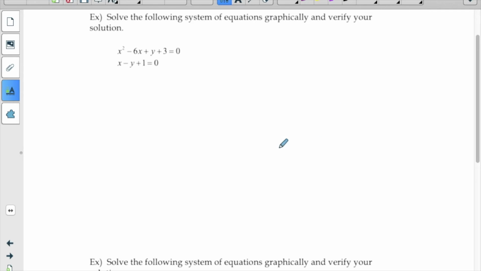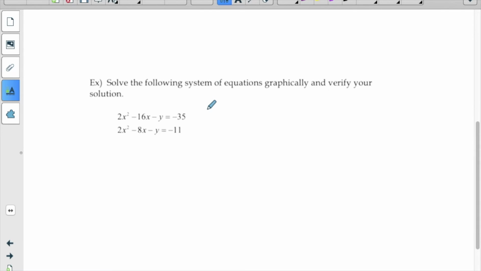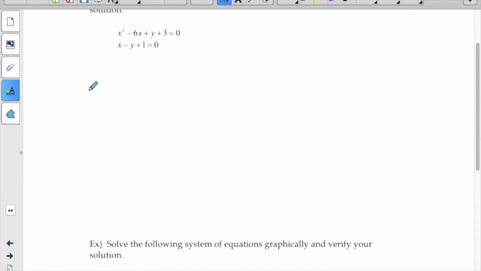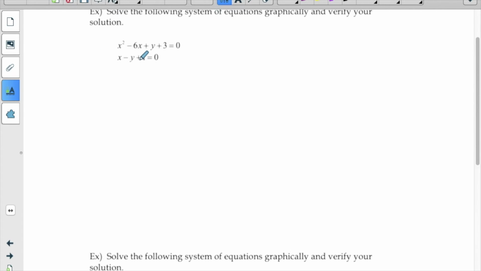I could ask you to do this by hand if I wanted to, because we've talked about how to graph quadratics, but we'll do it using technology today, okay? So if I asked you to solve this graphically, what would we have to do first?